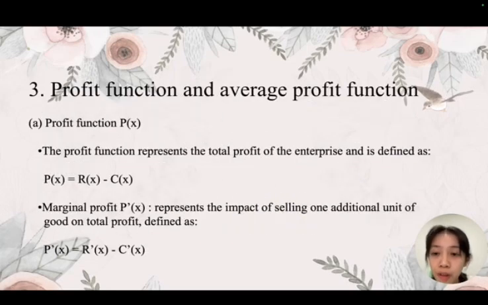Third, profit function and average profit function. The profit function represents the total profit of the enterprise and is defined like this. Marginal profit represents the impact of selling one additional unit of good on total profit.